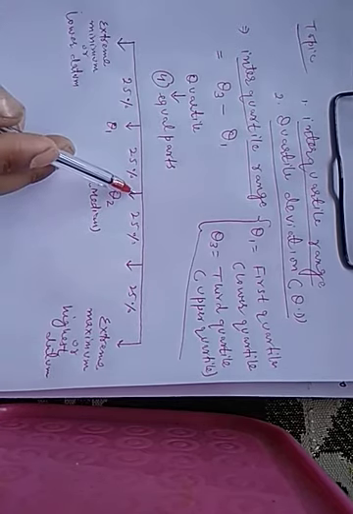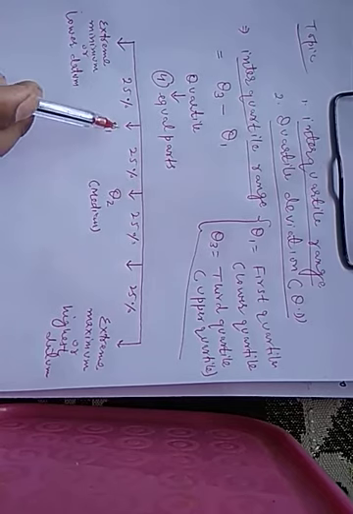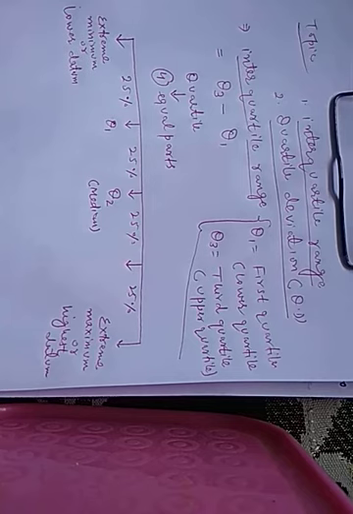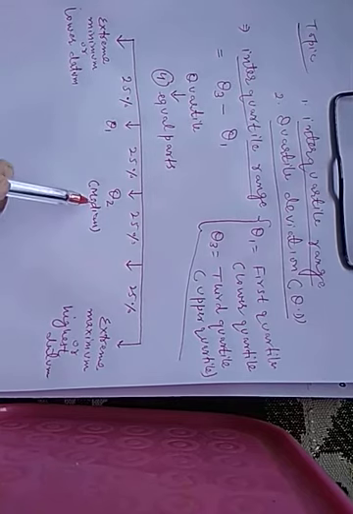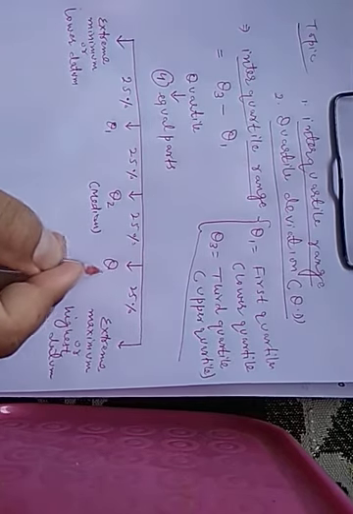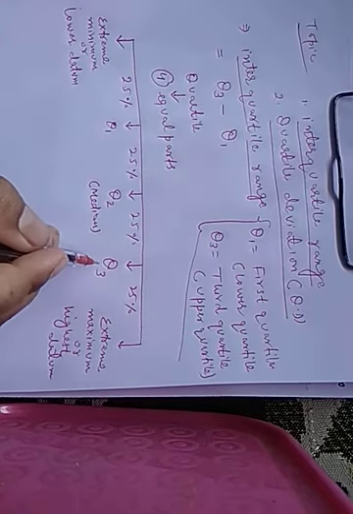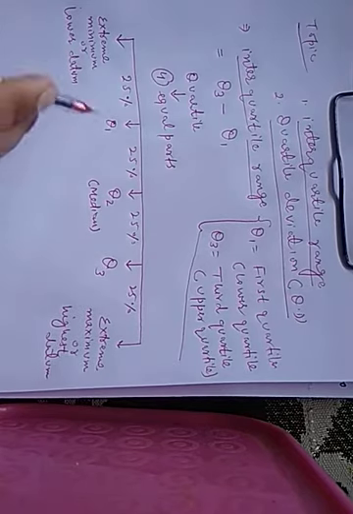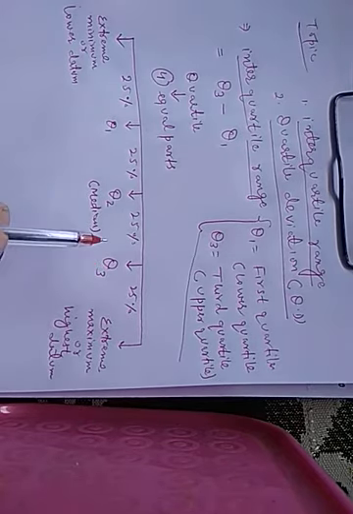That is why it is known as median. It gives the middle value of the given data. And this is Q3, the third quartile or upper quartile. In this way the data is divided into 4 equal parts.